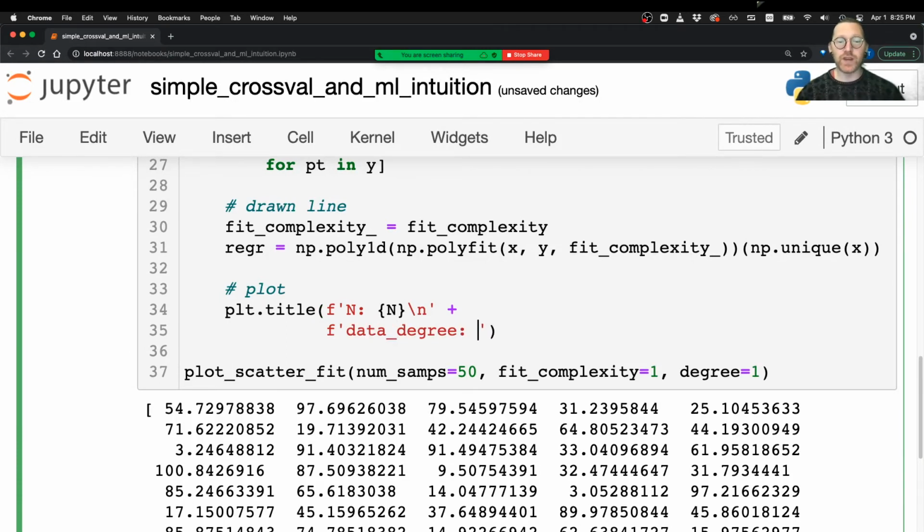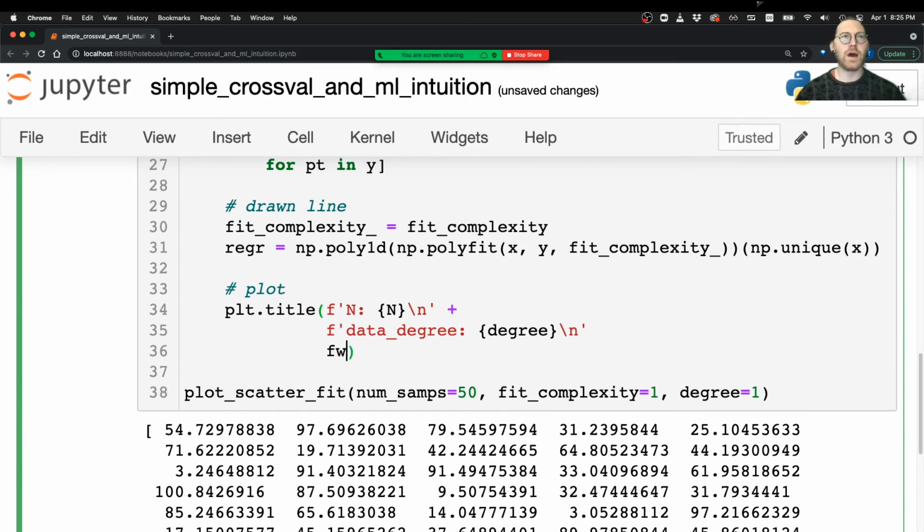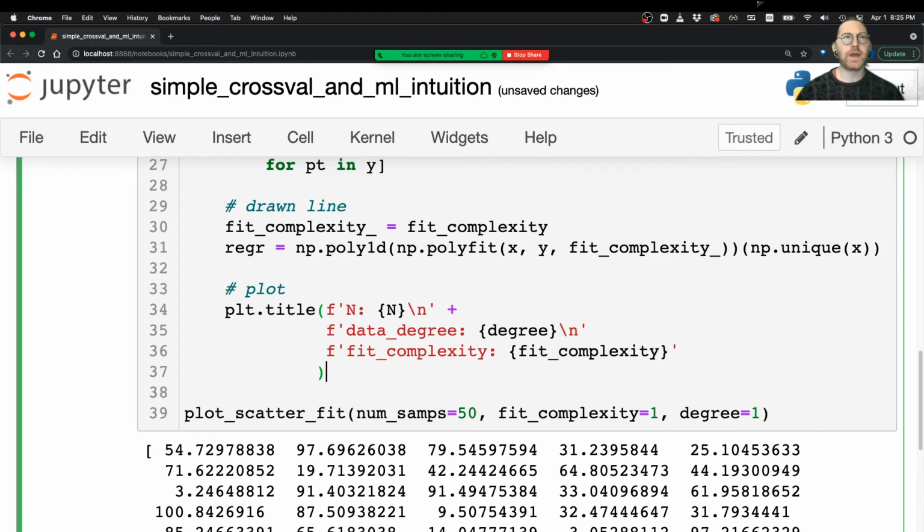So this is the degree of the underlying function, and this is our degree. And then we're going to do the fit complexity, named exactly that, the fit complexity. Is that good? That should be it. Yep, I think that's good.